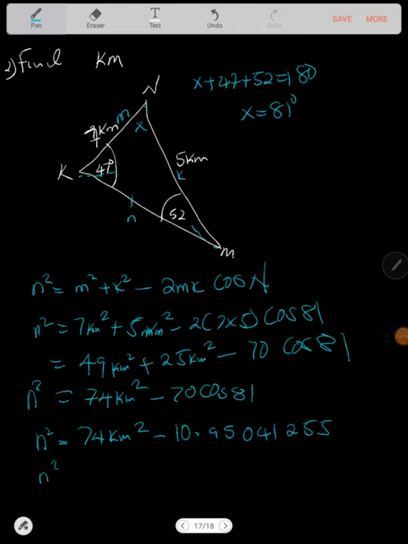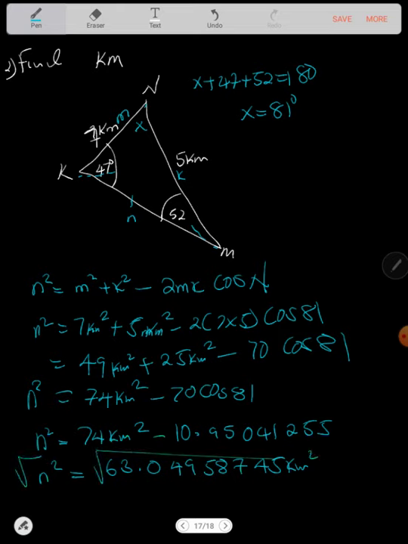Therefore, n squared is equal to 74 minus that difference. Okay, we are getting 63.0495875 kilometers squared. Now to remain with n, you need to square root both sides.